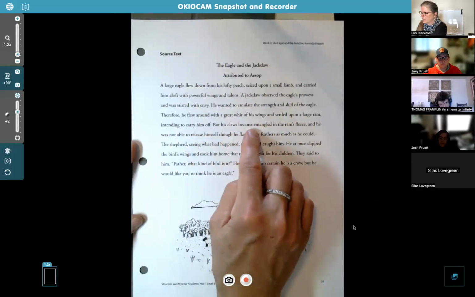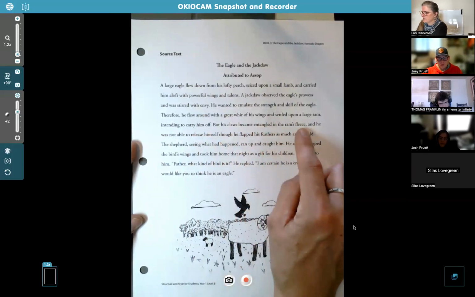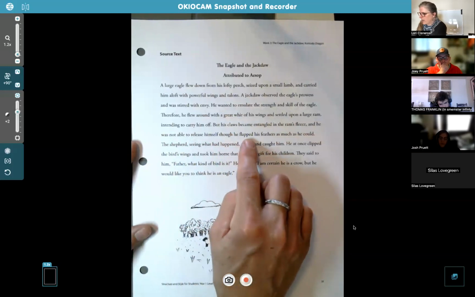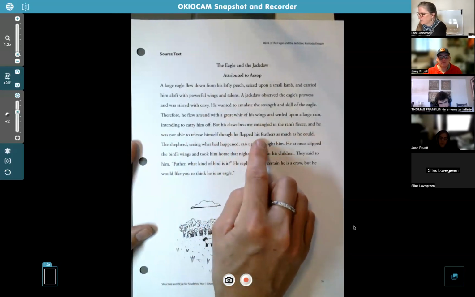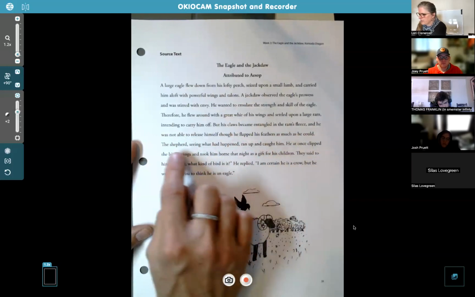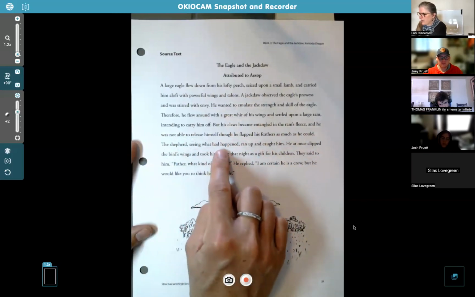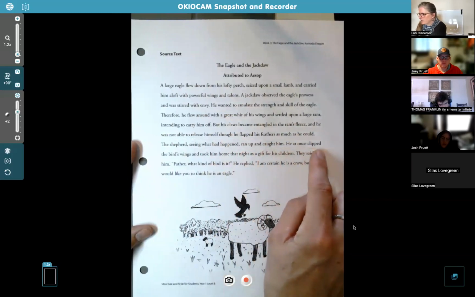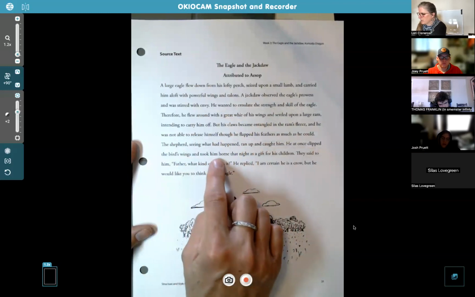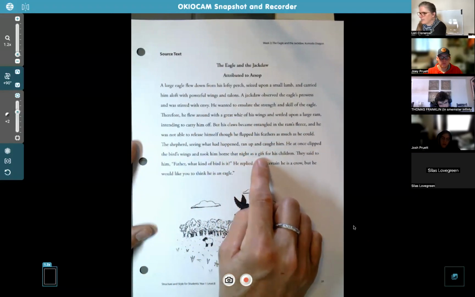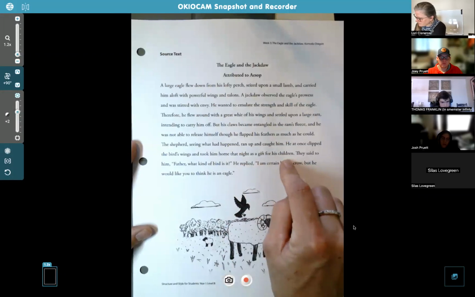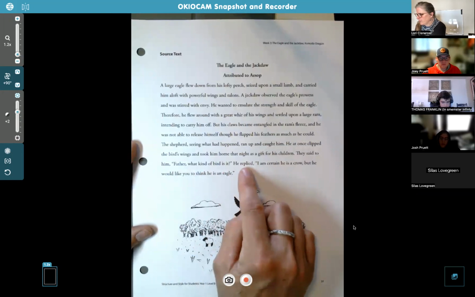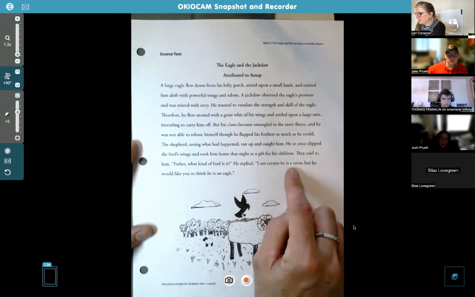But his claws became entangled in the ram's fleece, and he was not able to release himself, though he flapped his feathers as much as he could. The shepherd, seeing what happened, ran up and caught him. He at once clipped the bird's wings and took him home that night as a gift for his children. They said to him, "Father, what kind of bird is this?" He replied, "I am certain he is a crow."